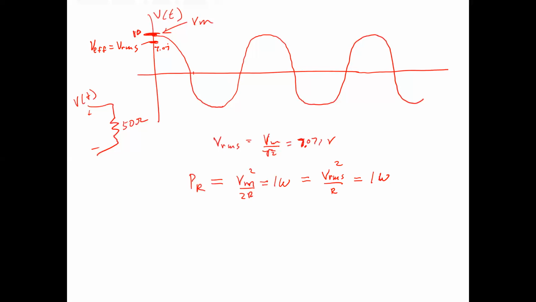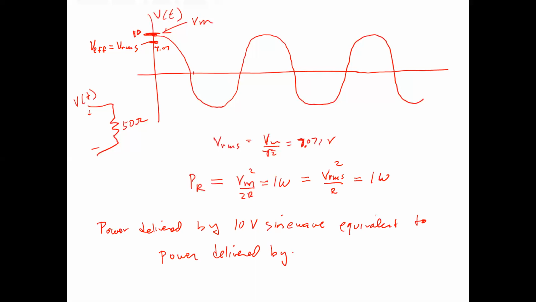And so basically, this is what I like to say: the power delivered by a 10-volt sine wave is equivalent to the power delivered to the same load, the same R, by a 10 over root 2 volts DC voltage.